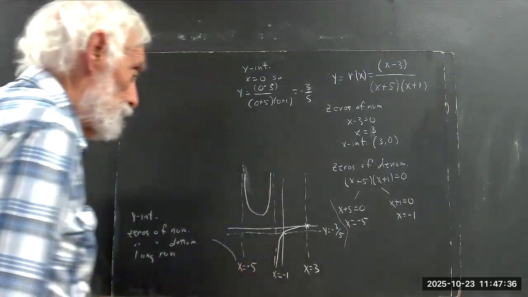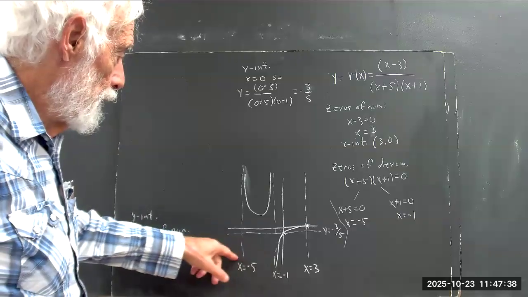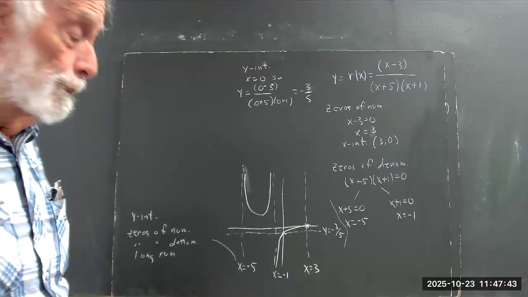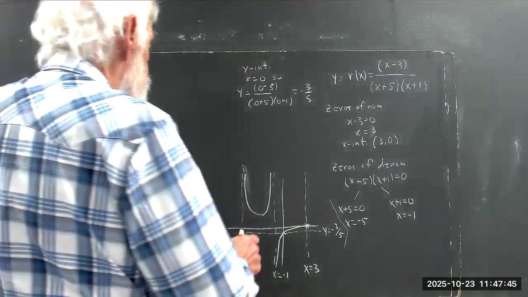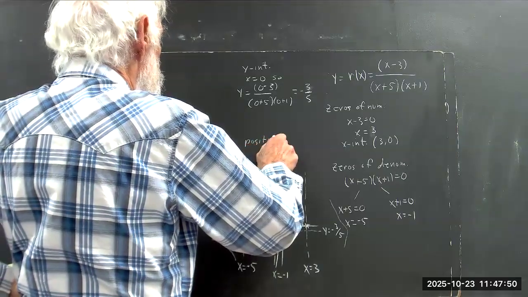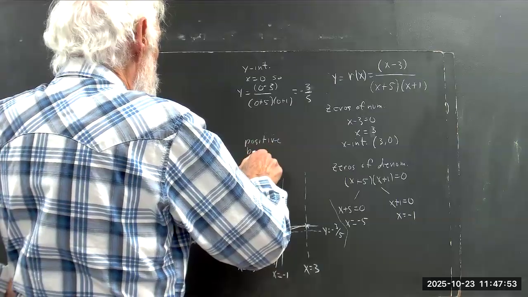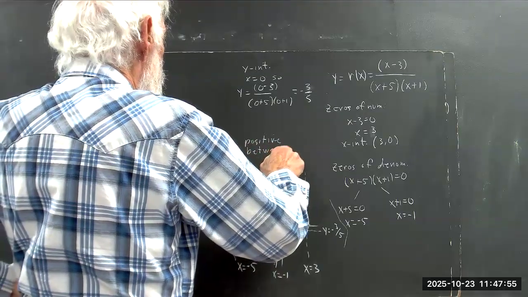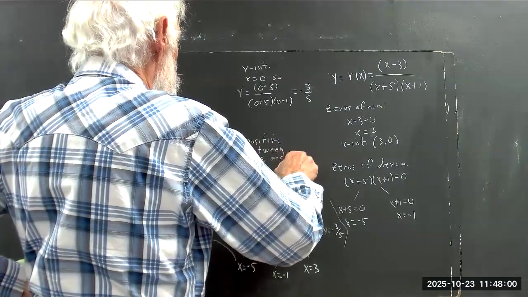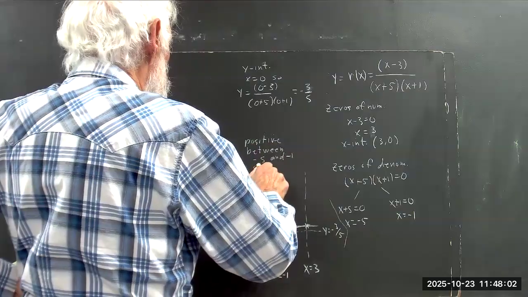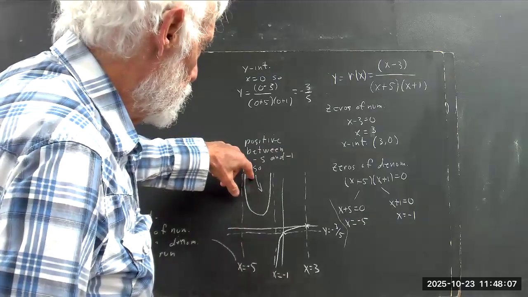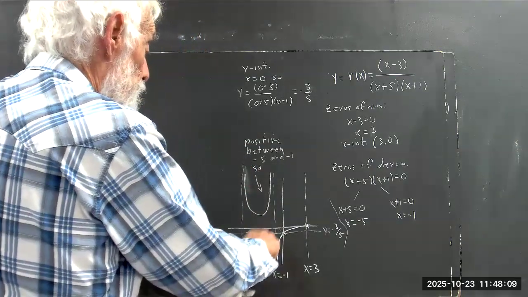It can't hit the x-axis. And it's got to be asymptotic to both of these lines. Okay? So it's positive between -5 and -1. So it's this rather than this. Okay?